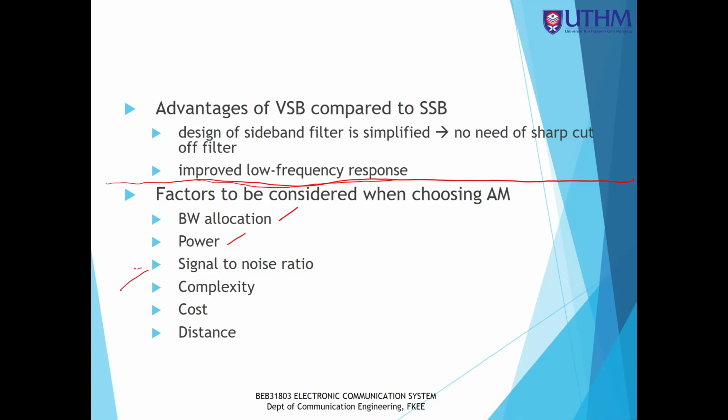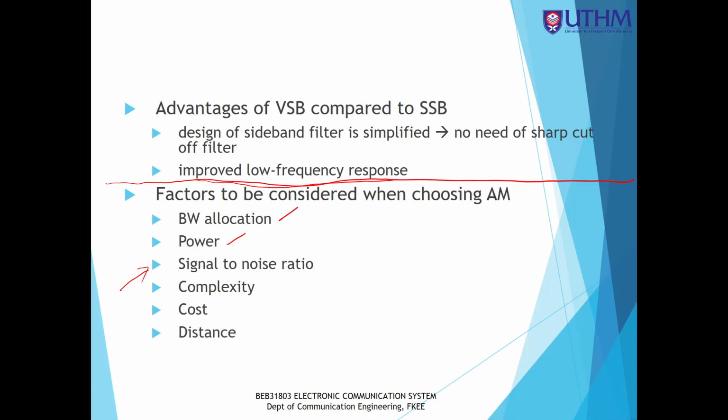And then signal to noise ratio, SNR. For the signal to noise ratio, single sideband will produce a better SNR compared to the double sideband.